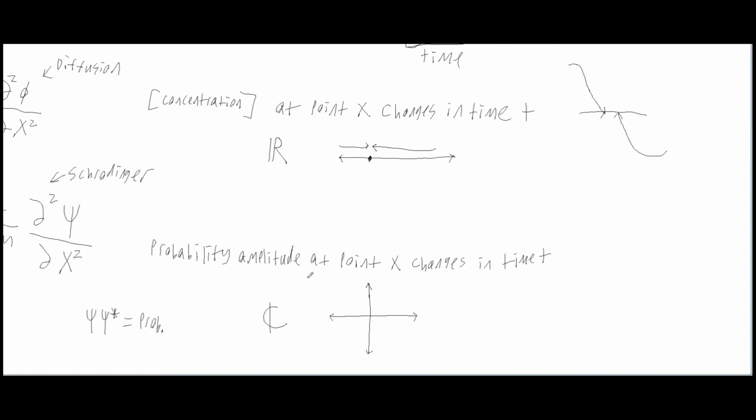Whereas with the probability amplitude, if we're using this complex number, instead of going up and plateauing up here and having it stop, what you will see, so this is the probability amplitude and this is time, is that you start here, then you'll go up, then it'll go back down, then it'll go back up and down. So this is the probability at a given place.